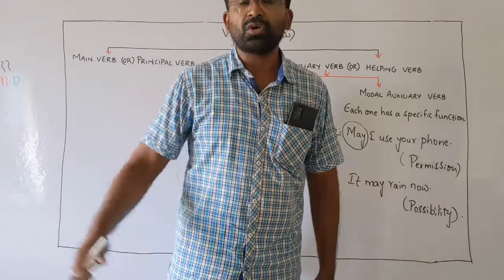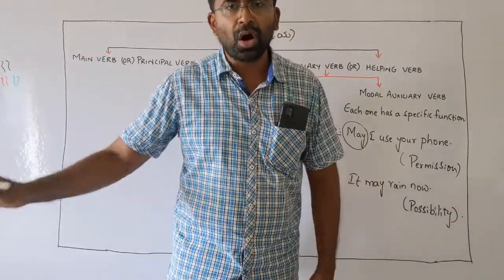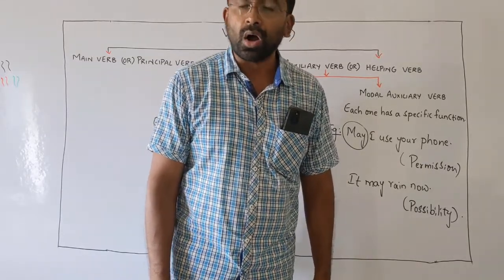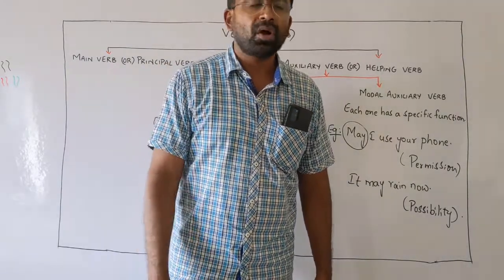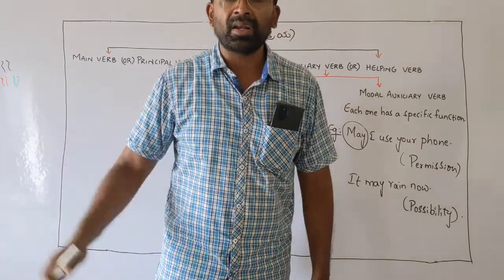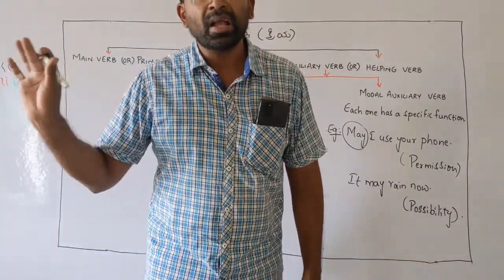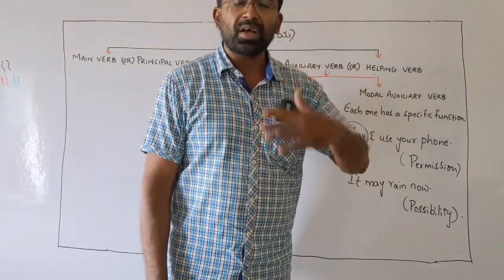A few kids want to go out and play cricket. How am I going to warn them? Please don't go out. It may rain. I cannot say it will rain because I am not God. There is a possibility that it may rain. I can also say it might rain, but the possibility reduces.